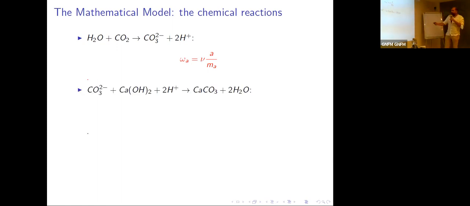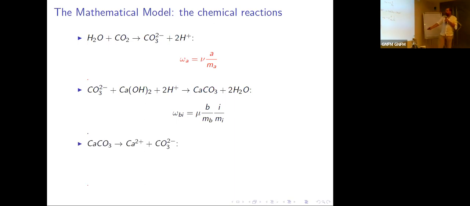The second reaction, calcium hydroxide reacting with carbonate and ions to form calcium carbonate, is a second order reaction involving the product of carbonate and calcium hydroxide.